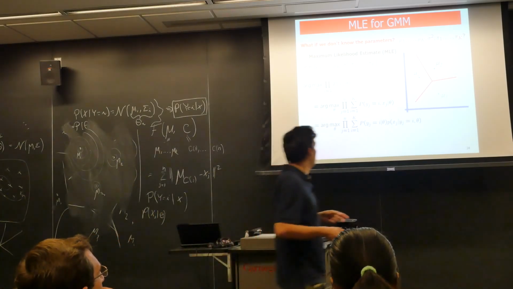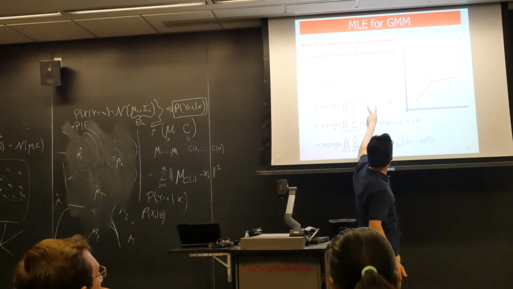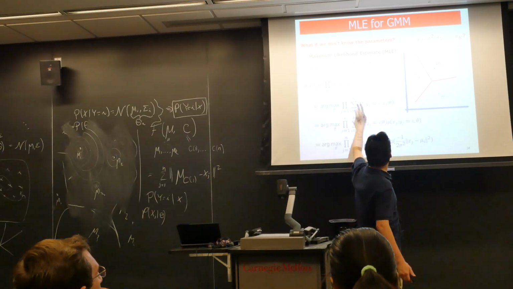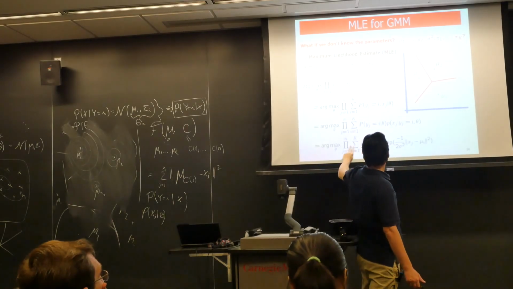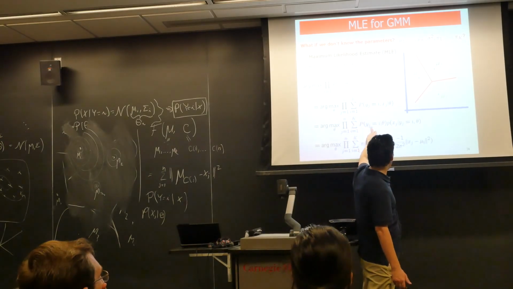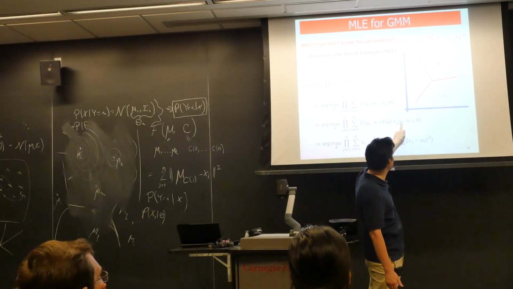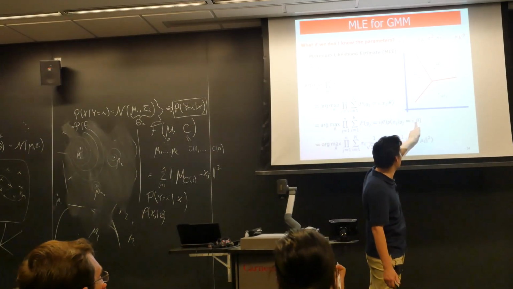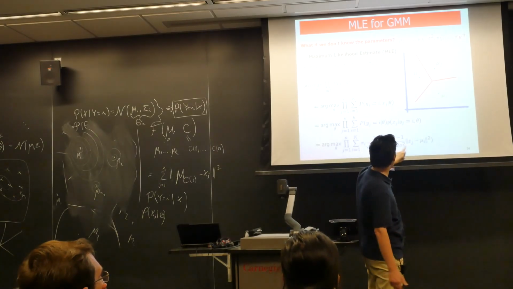And then I just use Bayes rule: the probability of y and x is the probability of y times the probability of x given y. The probability of y given theta, the probability of the class labels, is pi i, that's our notation, and the probability of x given the cluster label and parameters is a Gaussian distribution with parameters in theta, that is mu i and sigma.